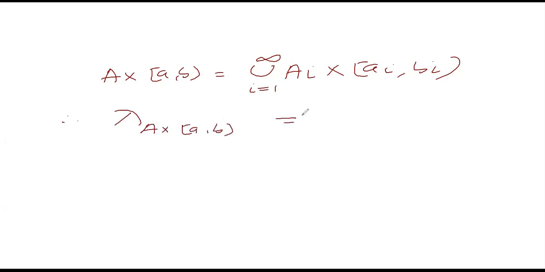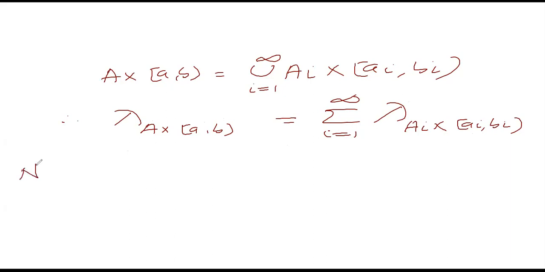It's the characteristic function of the disjoint union, that's the summation i runs from 1 to infinity of the characteristic function of these sets ai cross ai bi.